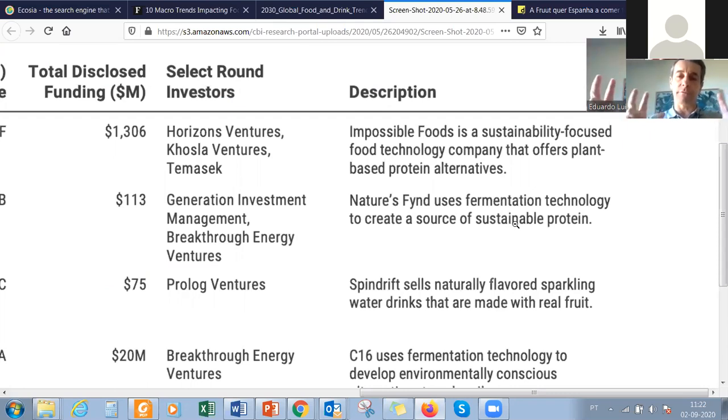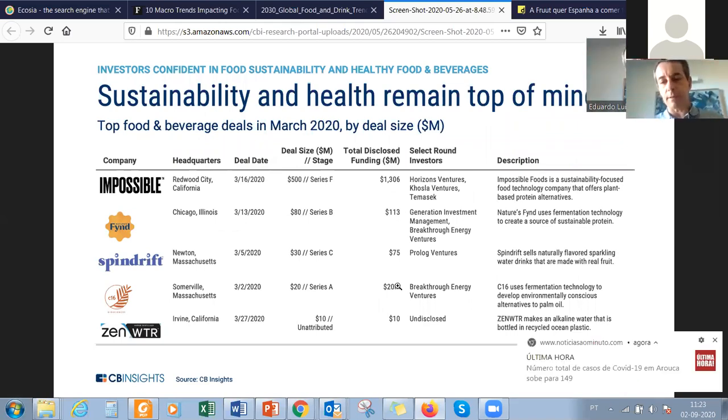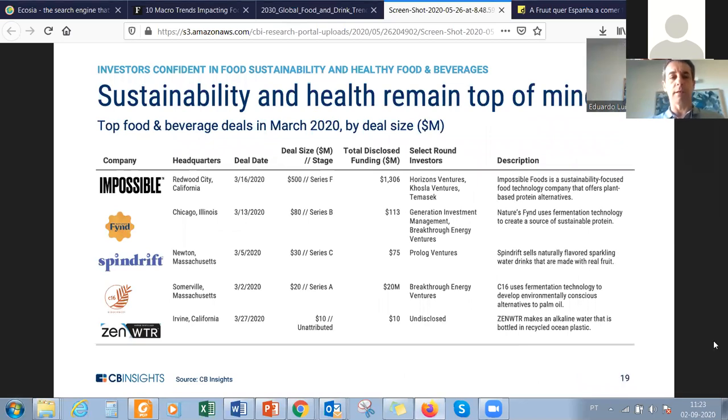So fermentation technology, as a way to obtain sustainable protein, so protein that could be obtained from a sustainable source. So two examples of trends that we can find out through the spending of money in new companies.